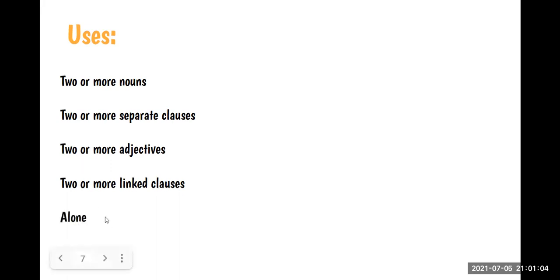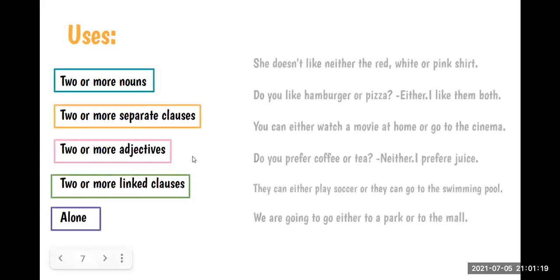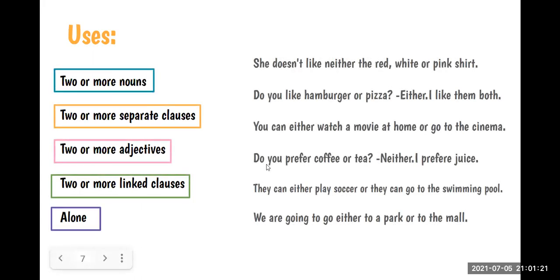And also we can use this alone. So we're going to check some examples and I want you to help me to match all these functions of neither and either with the sentences that we have here. Let's read the sentences and then we can match.